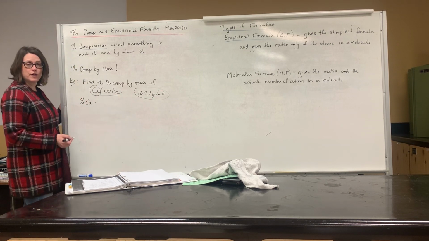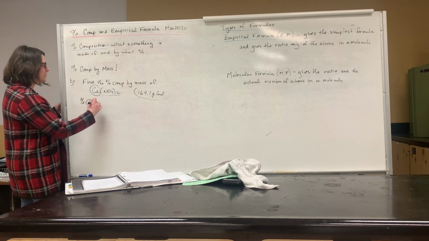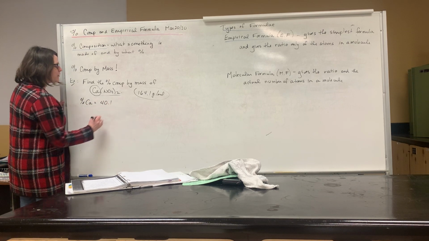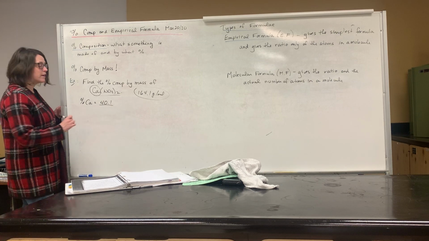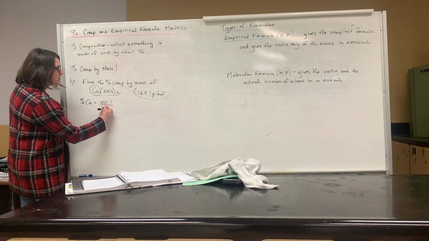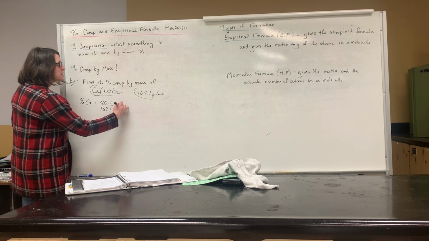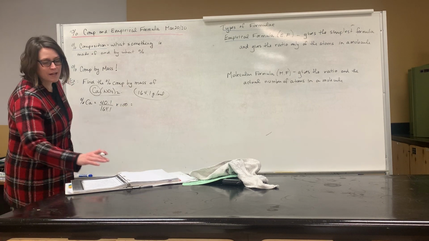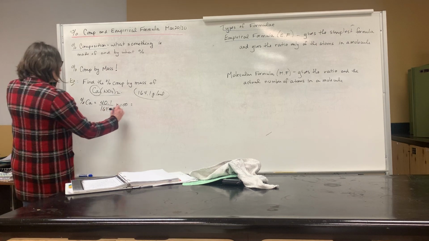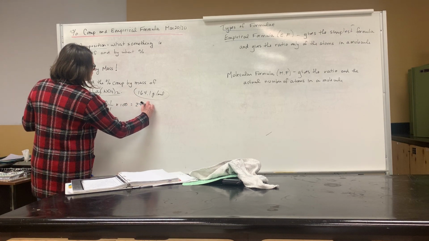We have to use our periodic table for this to find the mass of the calcium, and if we do that, we find 40.1. That number came from your periodic table. Divided by the total mass. To get it into a percentage, we want to multiply by 100. And so the answer there is going to be 24.44.